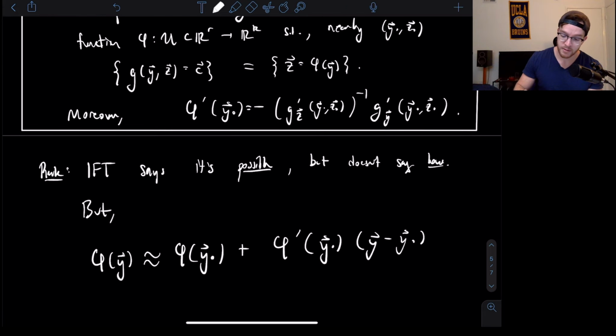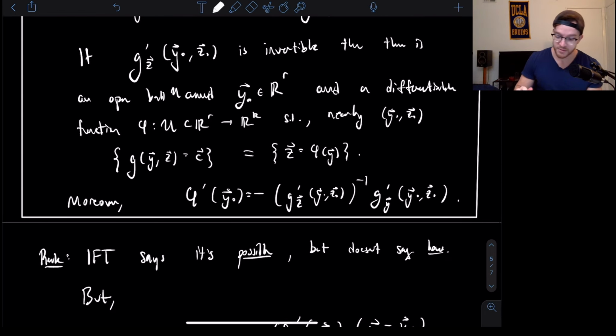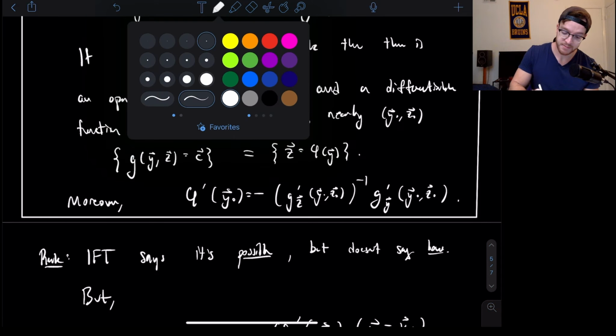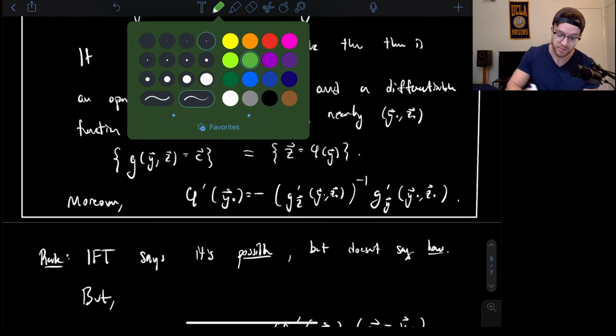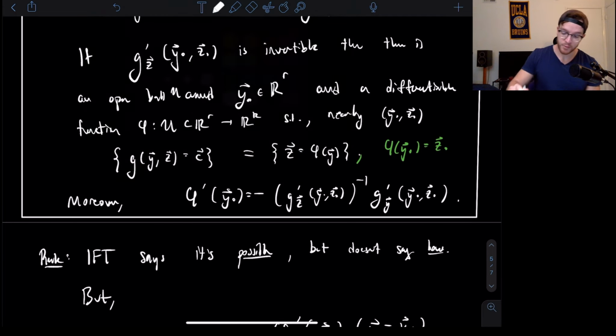Now, oh, and I also guess I didn't write, let me squeeze this in. The other thing that phi needs to satisfy is that phi of y0 needs to be z0. That should make sense. So a differentiable function phi such that phi of y0 is z0. That's important.